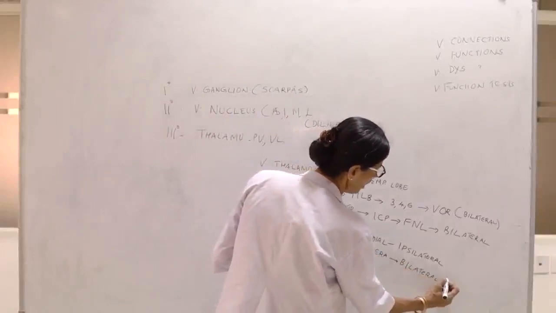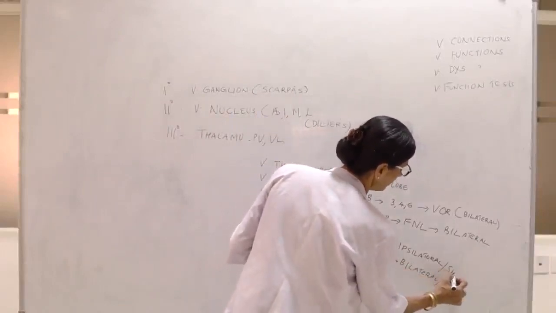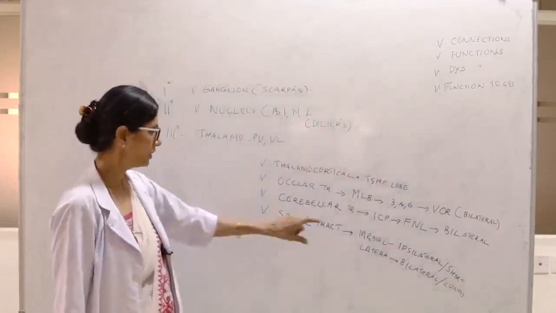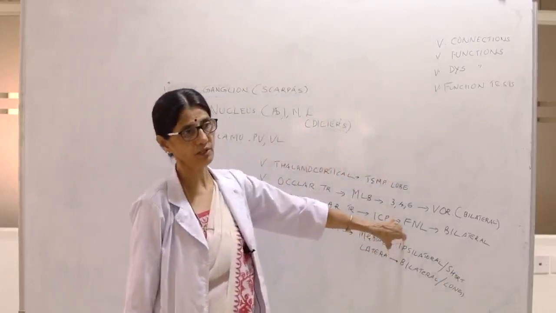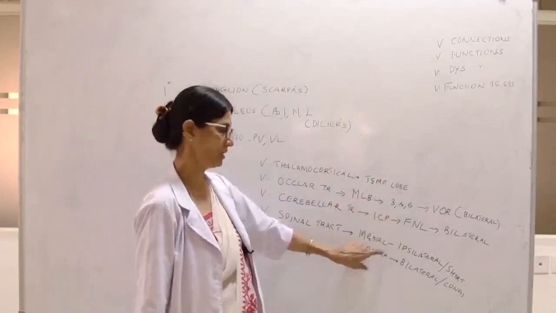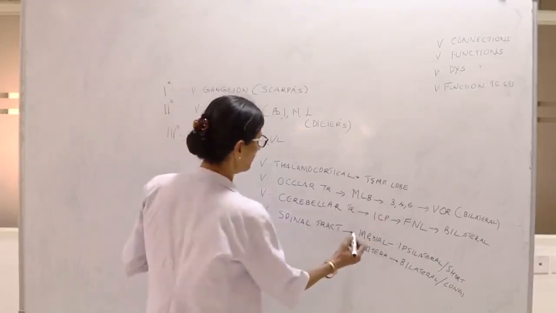So this is long and bilateral, this is short but going only to one side. So that's the difference. So this will be regulating the muscles of the upper extremity as well as the neck muscles. Here it is regulating the muscles of the lower extremities and the trunk muscles. So that's the vestibulospinal tract.